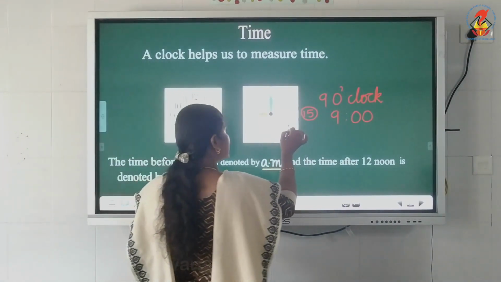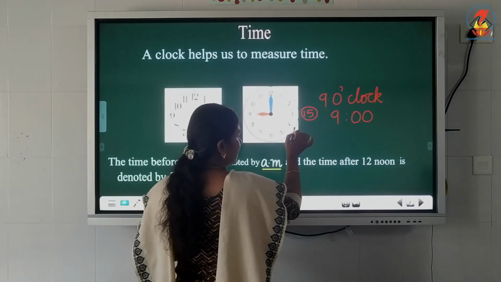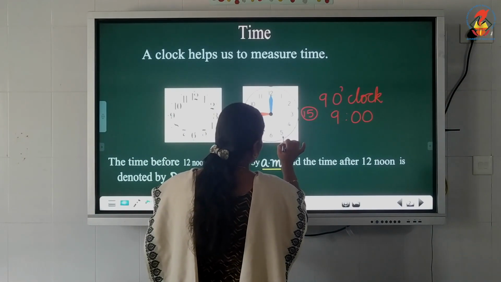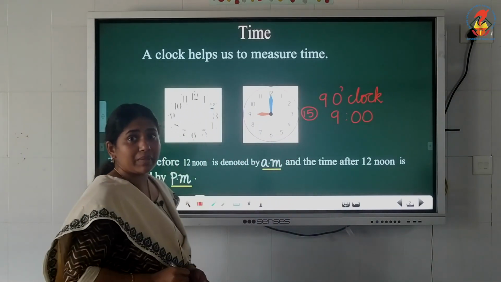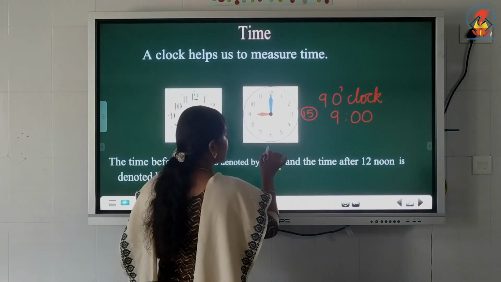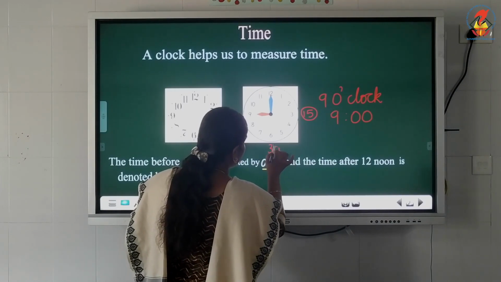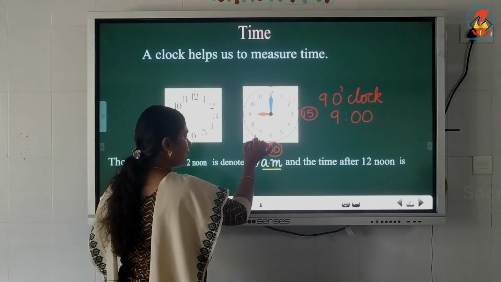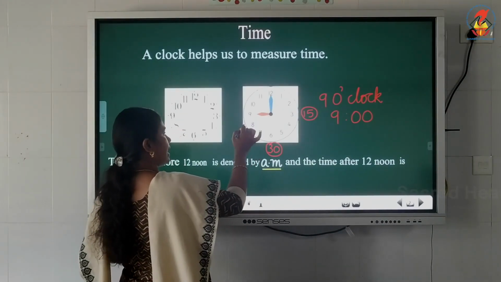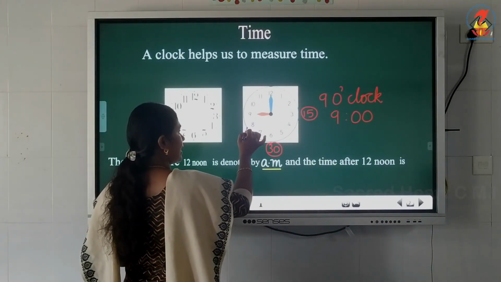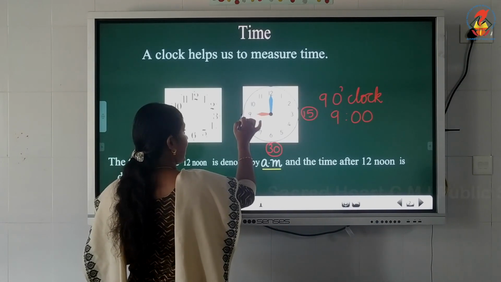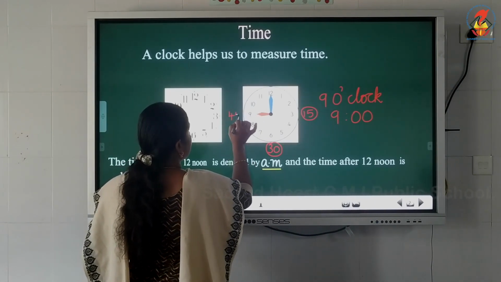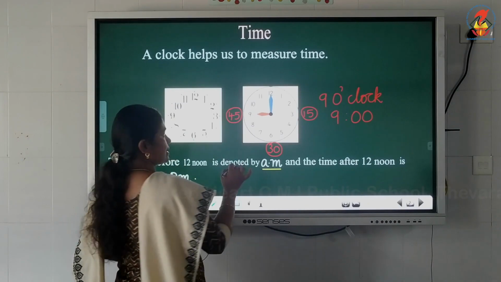Okay, and when it is on 4, 20 minutes, and the minute hand is on 5, 25 minutes, and if it is on 6, 30 minutes. Okay children, and if it is on 7, 35 minutes, and the minute hand is on 8, 40 minutes, the minute hand is on 9, it is 45 minutes.